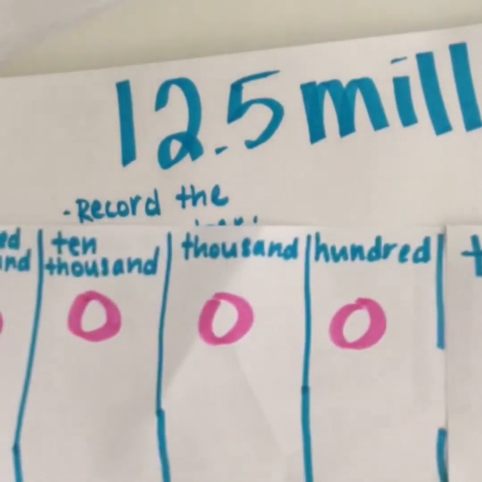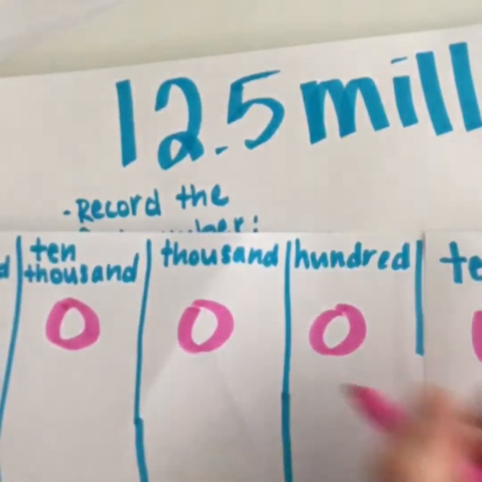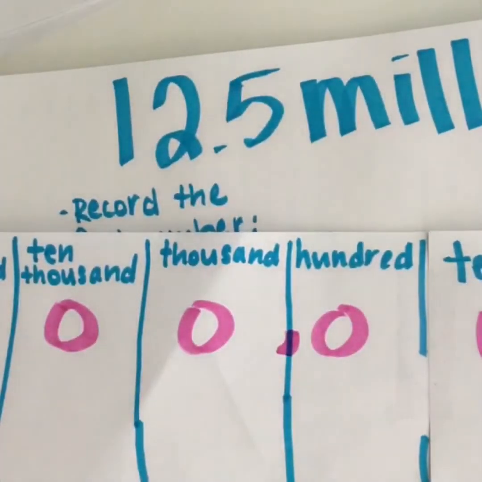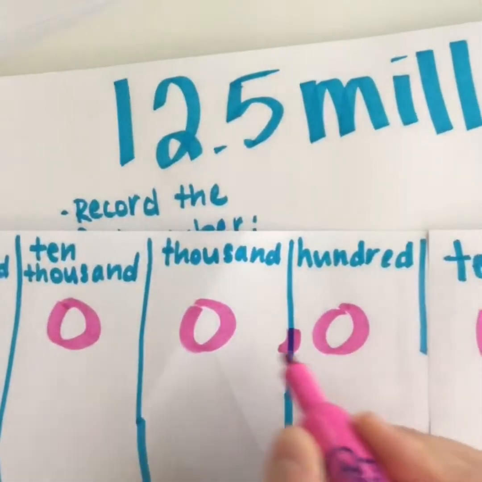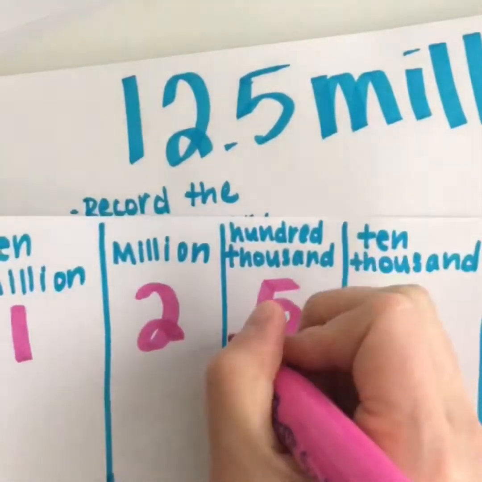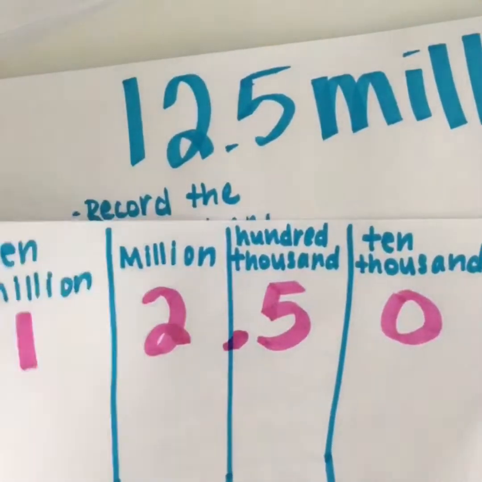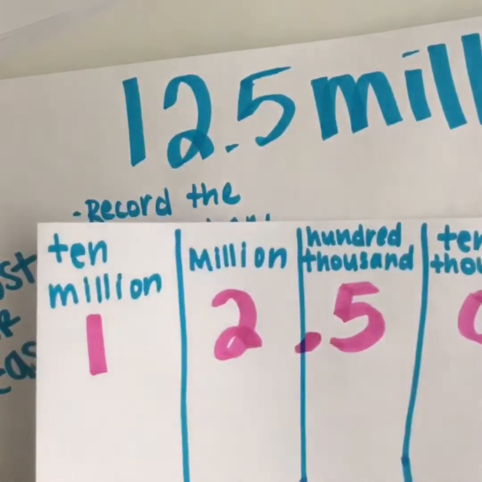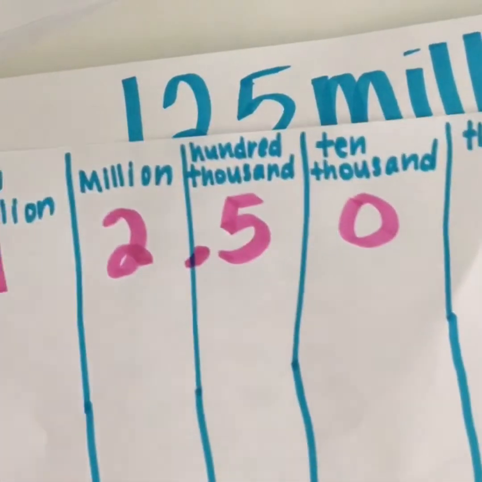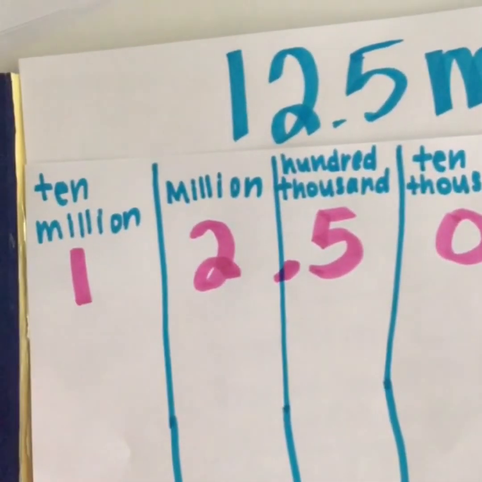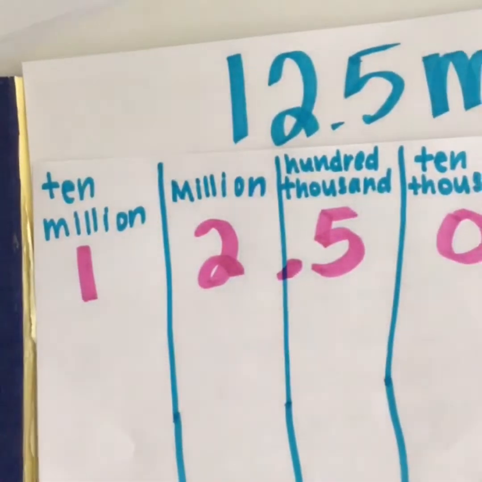Okay, but I do have a very important comma between the 1,000 and the hundreds place and between the million and the 100,000s place. Okay, so this is just a way to think about the value of each digit in your number. Okay, so in my 10 millions place, I just have a 1.